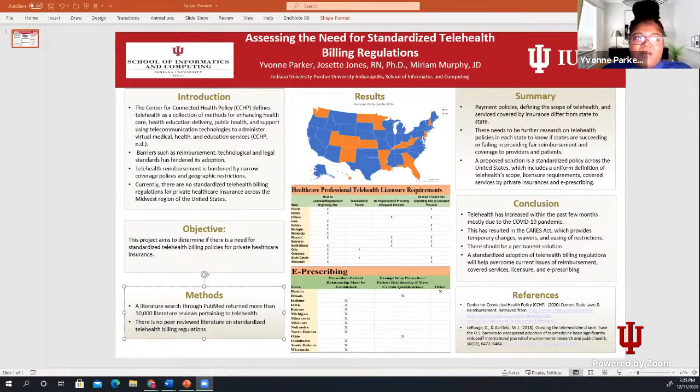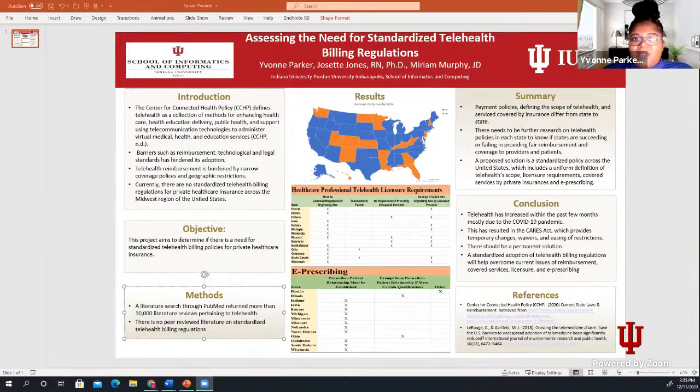The major drawback is they still have to abide by the state's policy, where we see some were very narrow and some only mentioned one sentence of, oh, as long as you use telecommunications, you are fine.